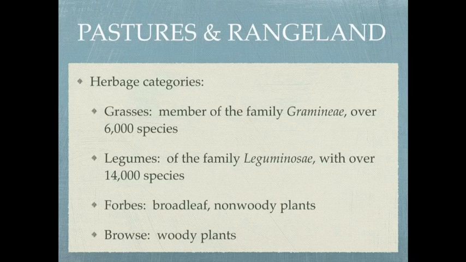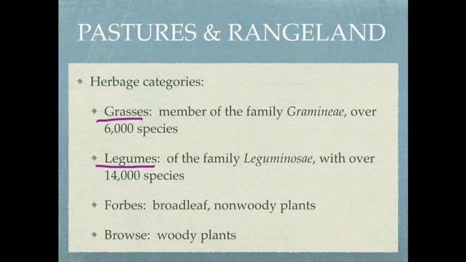There are 4 major categories. Those are either going to be grasses, which are a member of a specific family, and there's over 6,000 species of grasses. Or we're going to have legumes, which are of a specific family, with over 14,000 species.